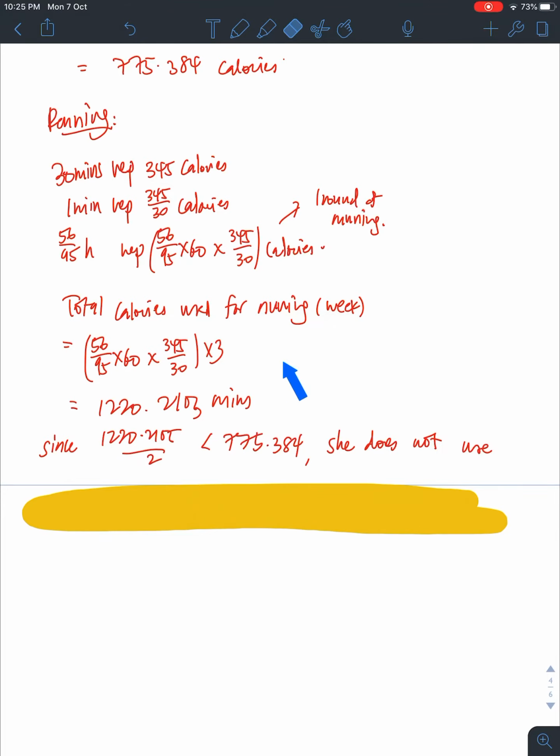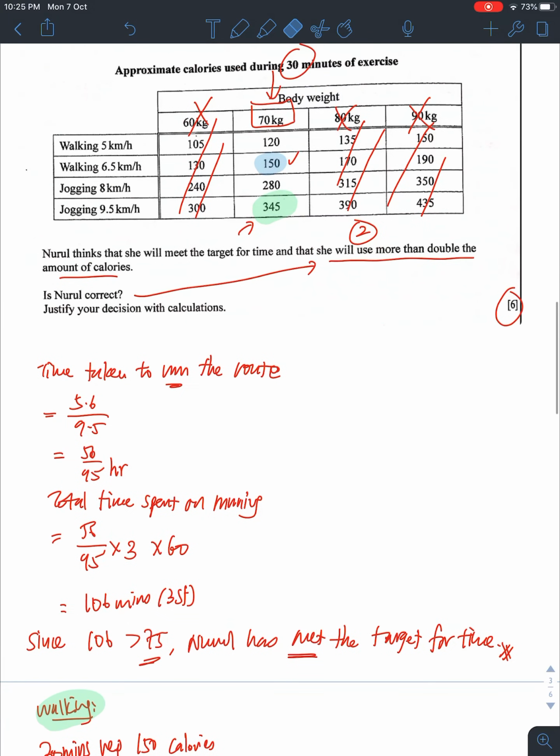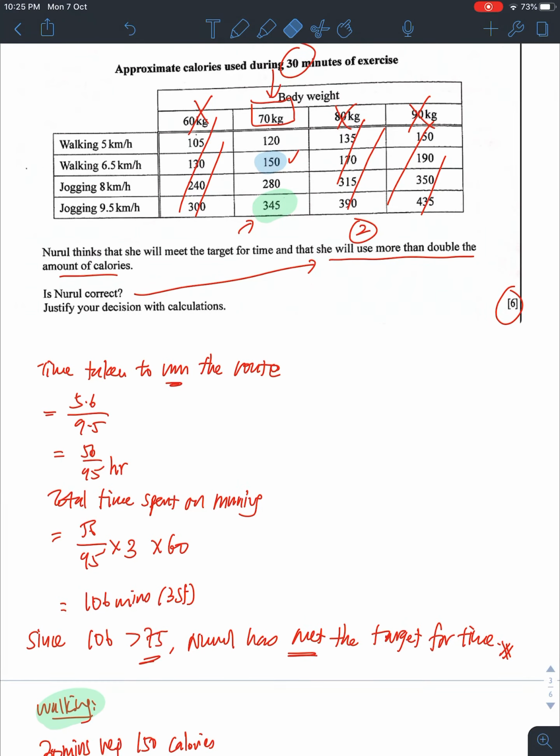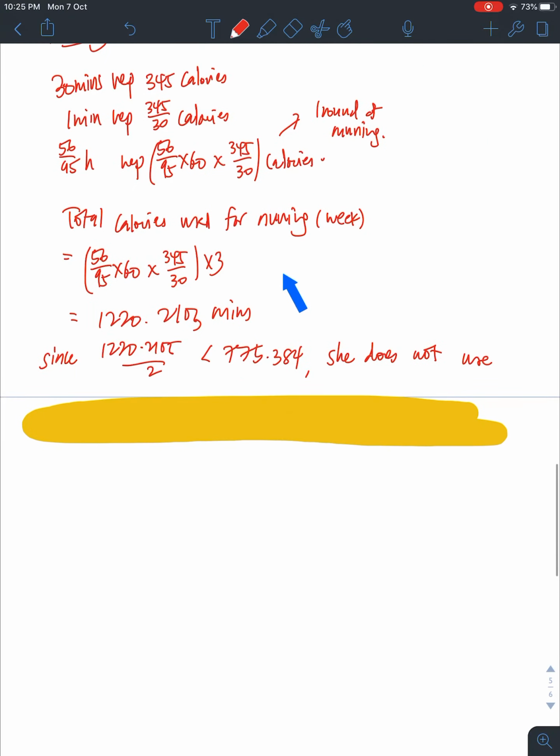In order to answer the question, we want to check whether she would use more than double the amount of calories if she were to run instead. Dividing this amount by 2, we realize that this is clearly lesser than this amount over here, which is the total calories used when she walks.